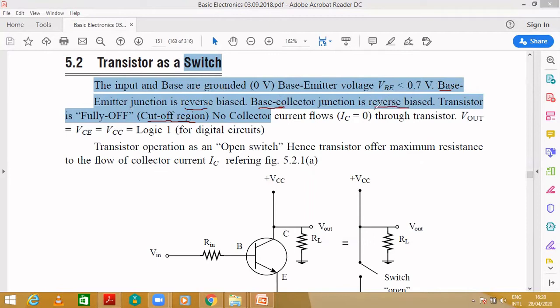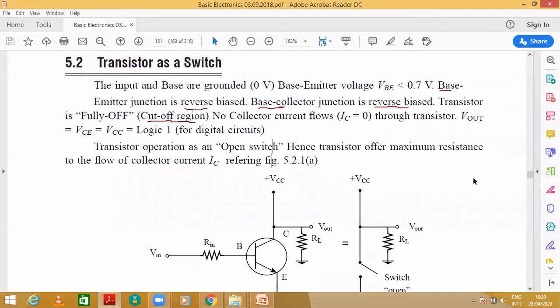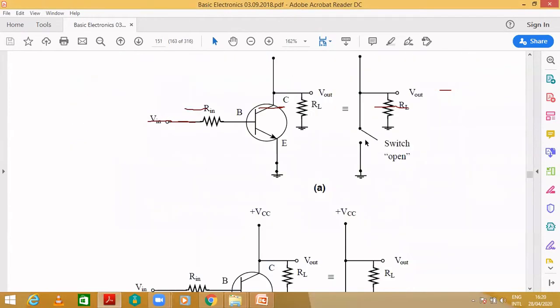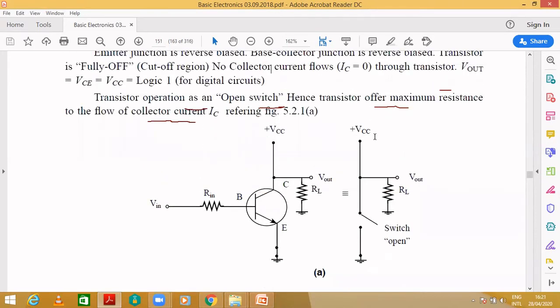What happens at that time? The transistor acts as an open switch. Why is it acting as an open switch? Let us see.